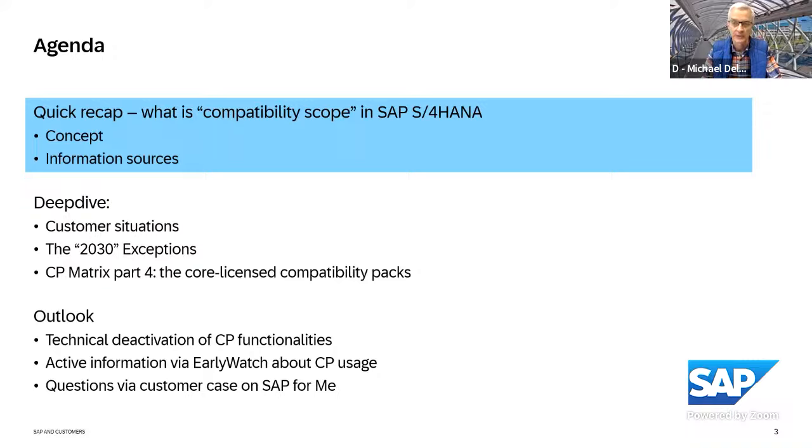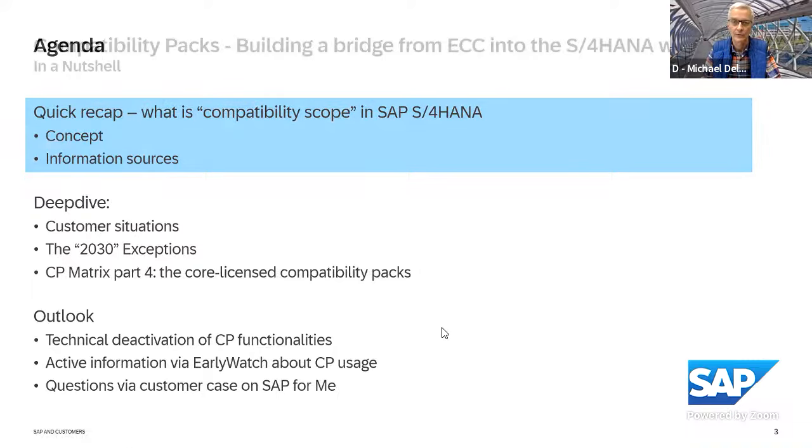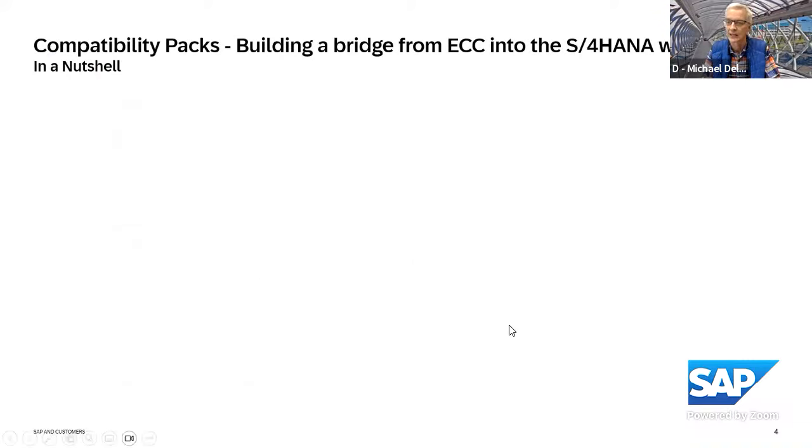And then the final chapter will be the outlook with information about the technical deactivation of expired CP functionalities, about the early watch extension that we will set live very, very soon, and what you can do if you have a question. And with that, I would like to hand over to my colleague Stefan.